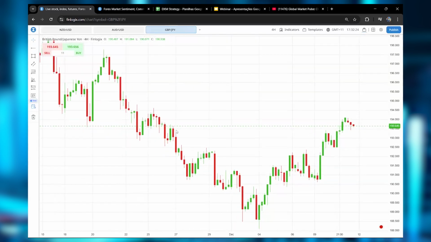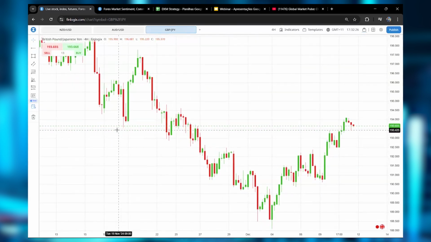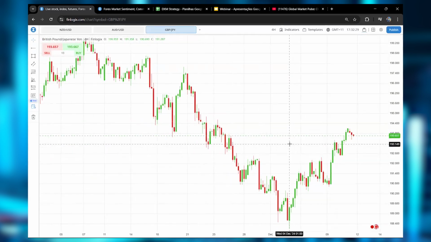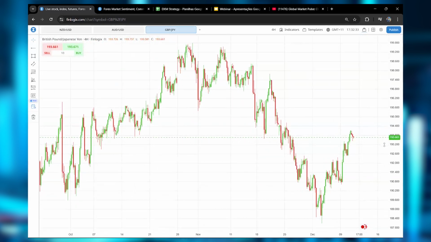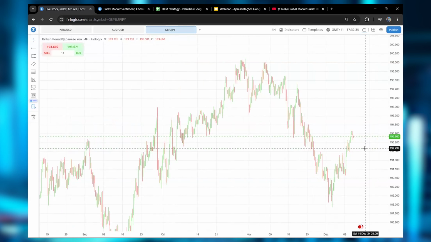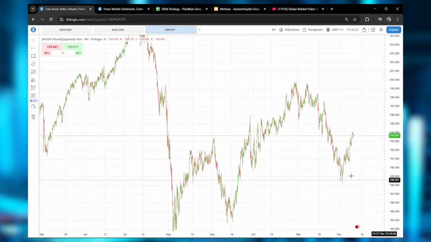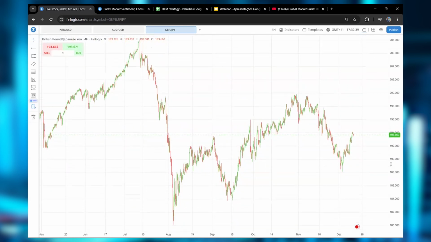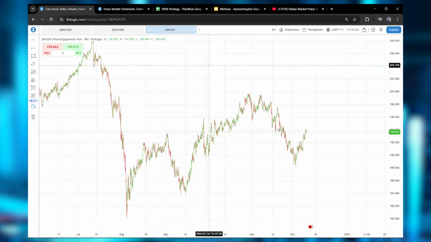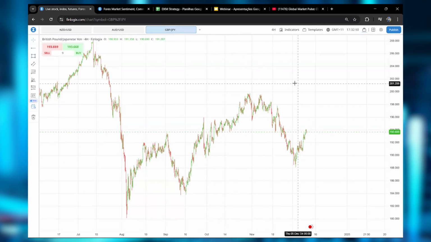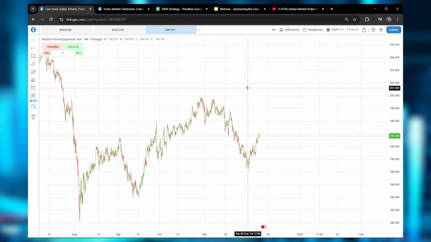GBPJPY bullish. That's a tricky trade because it kind of looks good, but yeah, it's making higher lows, higher highs, higher highs. Okay, it looks good. We could try.